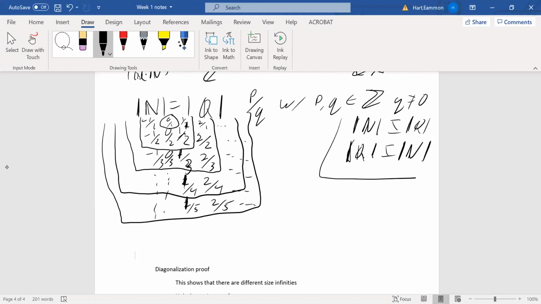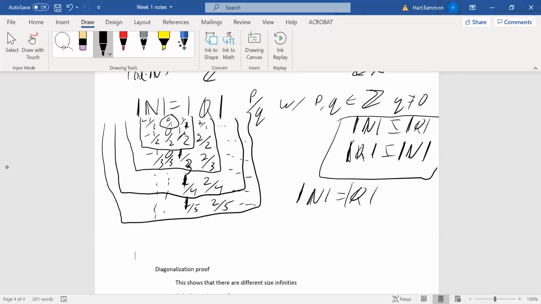Therefore, the cardinality of the rationals is going to be less than or equal to the cardinality of the naturals. And also the fact that the naturals are a subset of the rationals clearly tells us the cardinality of the naturals is less than or equal to the cardinality of the rationals, which means that the cardinality of the naturals is equal to the cardinality of the rationals.